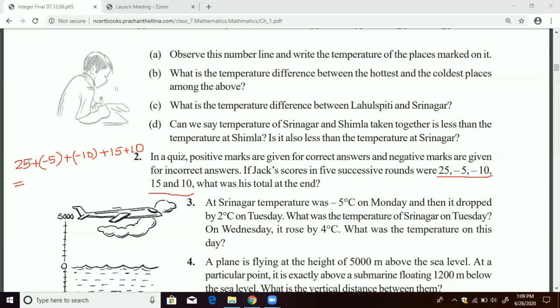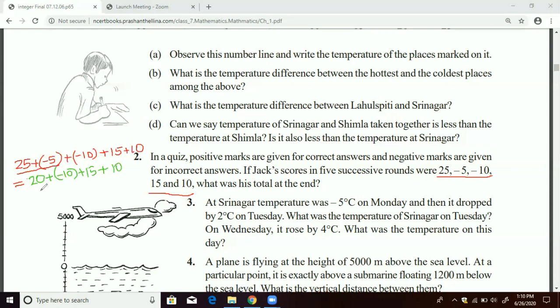First, we are adding these two numbers, 25 plus -5. We are finding the difference between 25 and 5, that is 20, positive value, +20. Now writing it all together: +20, plus -10 plus 15 plus 10.